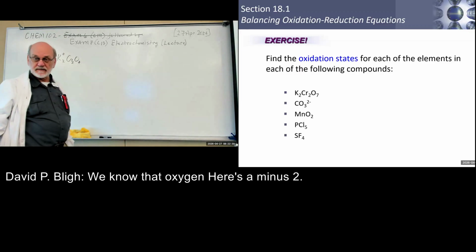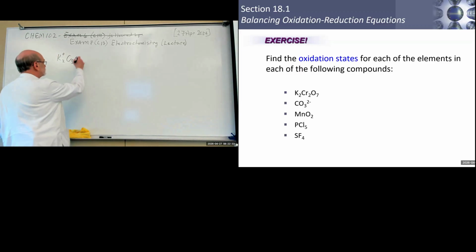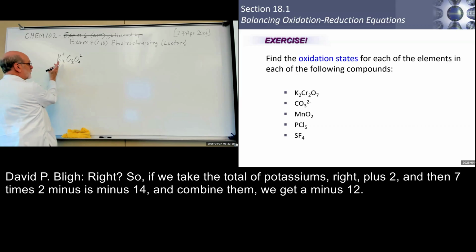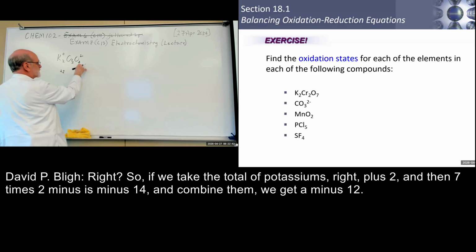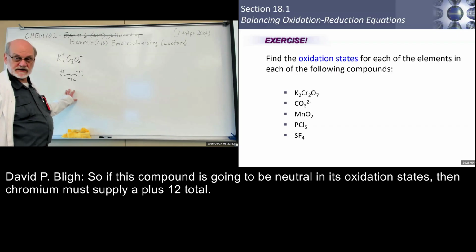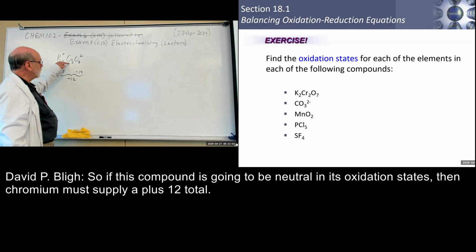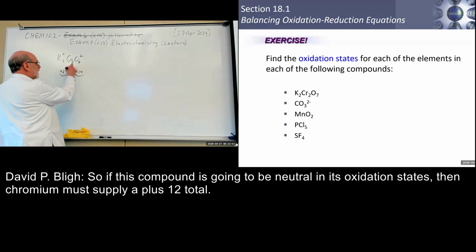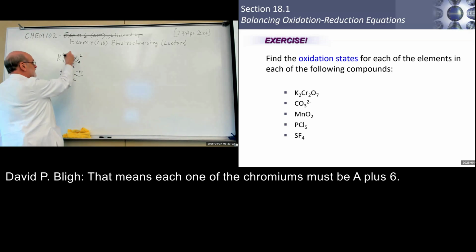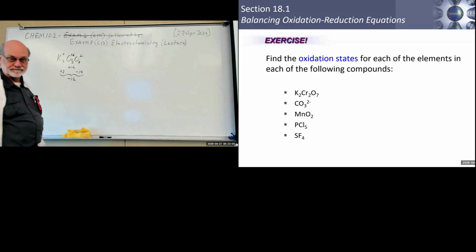We know that oxygen is a -2. Okay? So if we take the total of potassiums, right, +2, and then 7 times -2 is -14, and combine them, we get a -12. So if this compound is going to be neutral in its oxidation states, then chromium must supply a +12 total. That means each one of the chromiums must be a +6.